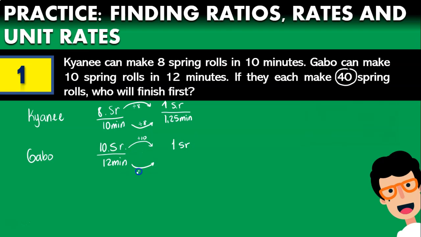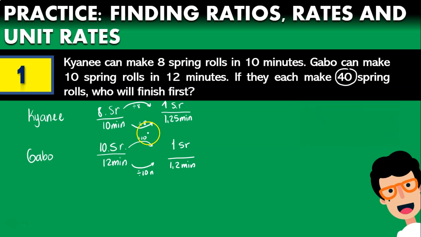And we, again, have to do the same thing for the denominator. So when we divide by 10, as we did in the numerator, it is going to be 1.2. So Gabo makes 1 spring roll in 1.2 minutes, a smaller amount of time than Kiani. So that means that Gabo is still faster, so we have the same answer. Gabo is the one who does it.